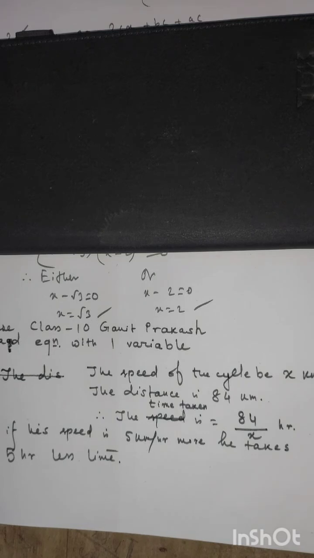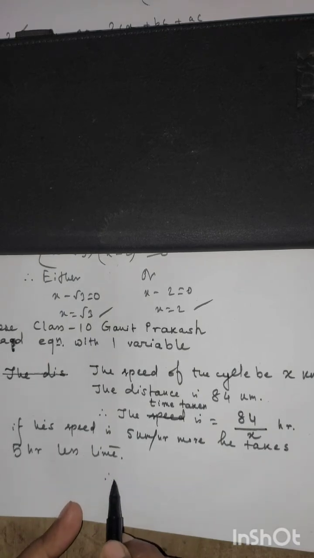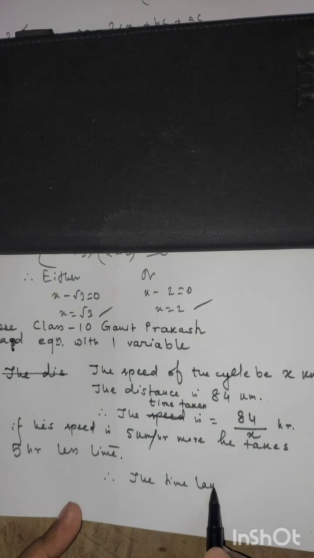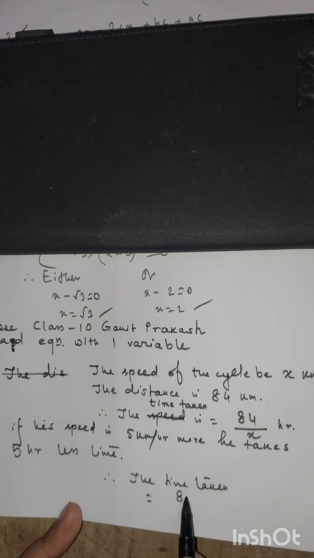Okay, so in this case the time taken should be, therefore the time taken is equal to distance by speed. Now the speed is 5 kilometers per hour more than the previous speed, so it is this.